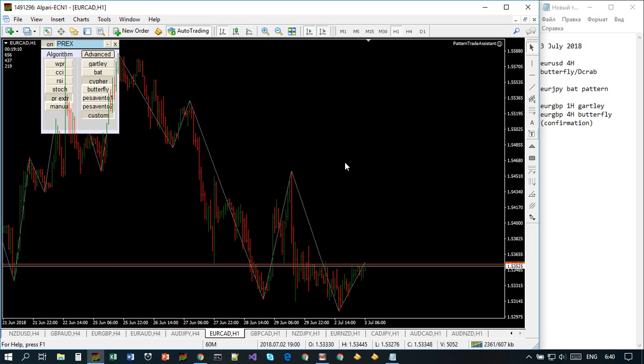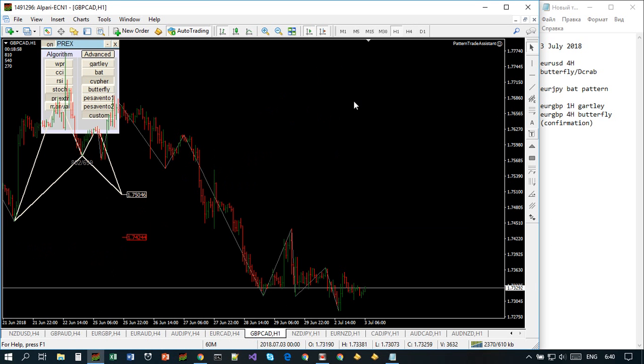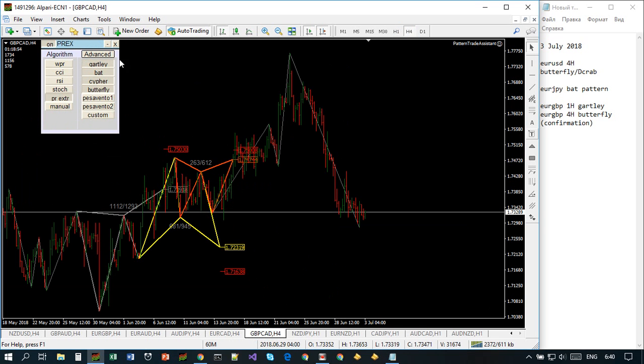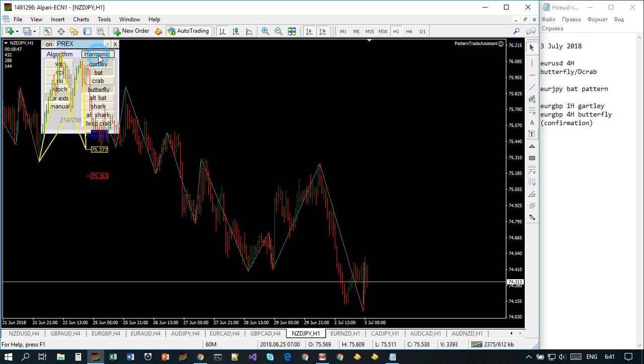Let us switch to Euro Canadian. Harmonic approach and, okay, nothing here. Pound Canadian. New Zealand yen 1 hour.